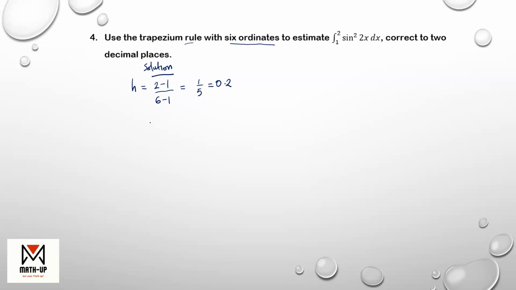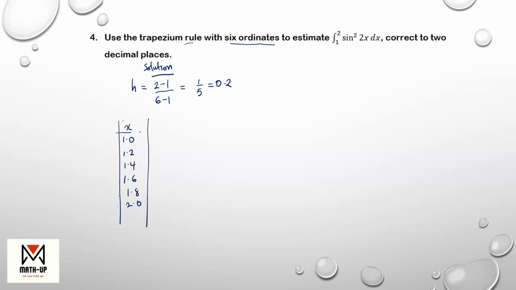So we have x coordinates ranging from 1 to 2: 1.0, 1.2, 1.4, 1.6, 1.8, and 2.0. In counting all these, you can see they are 6, and this helps you know you're on the right track, because these have to be the same number as the ordinates asked for in the question.